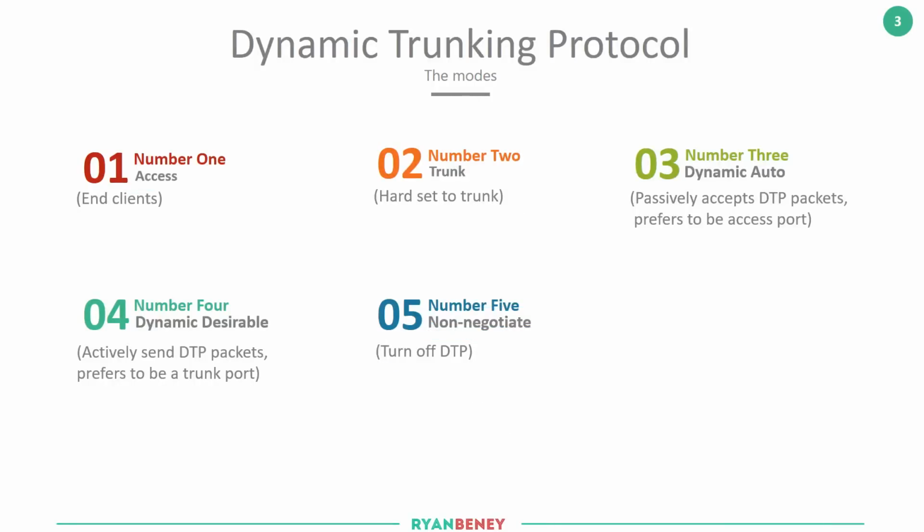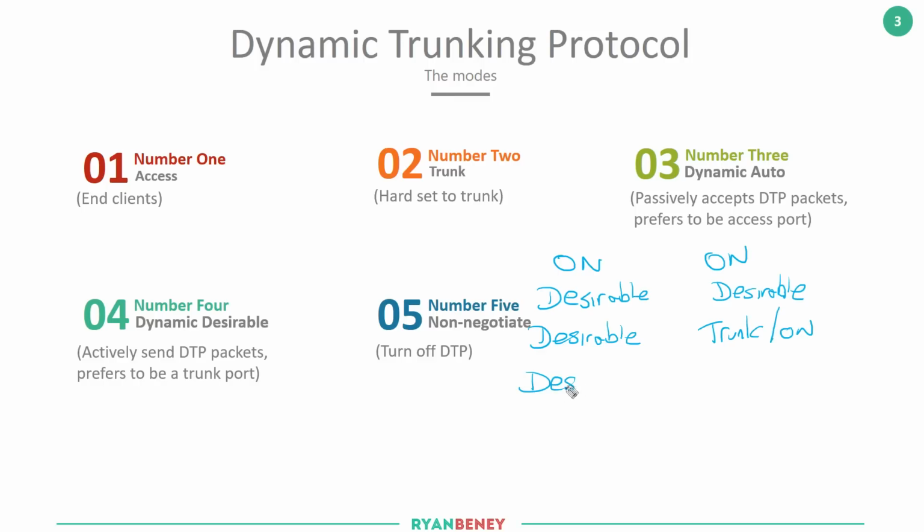So to highlight the actual combinations to form trunks and not to form trunks: if you have it statically set for trunks on both sides, it will form a trunk. If you have it desirable on one side, desirable on the other side, it will form a trunk. If you have it desirable on one side and trunk, or in this case on, it will form a trunk.